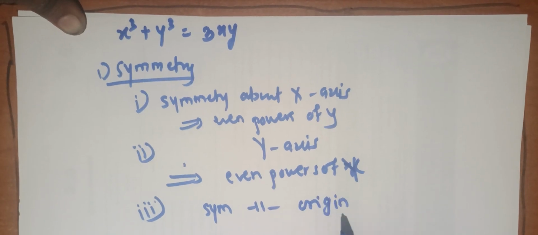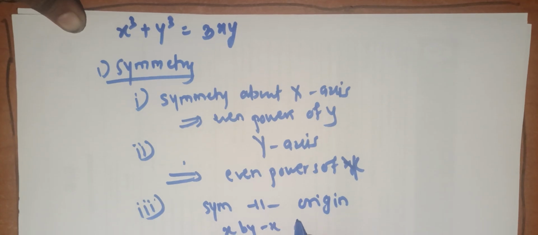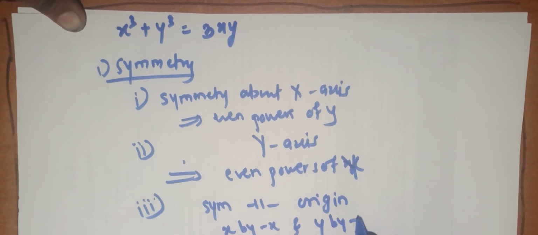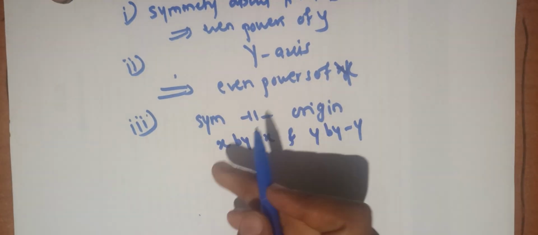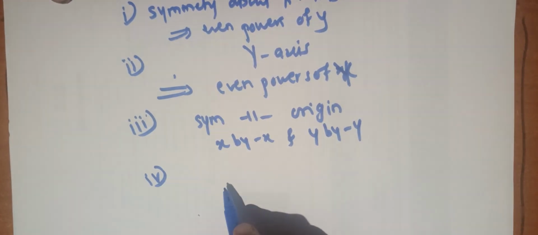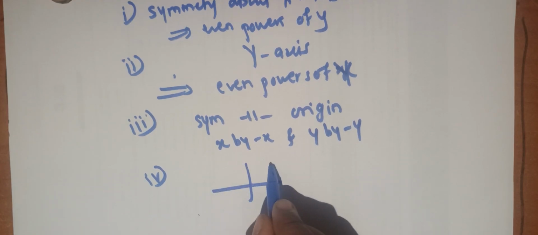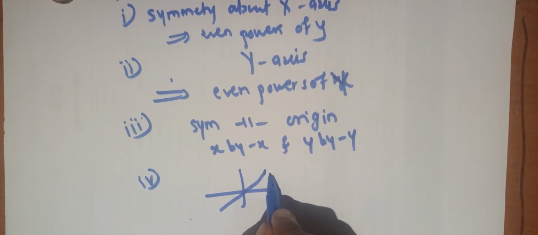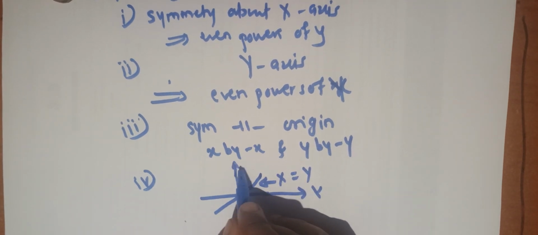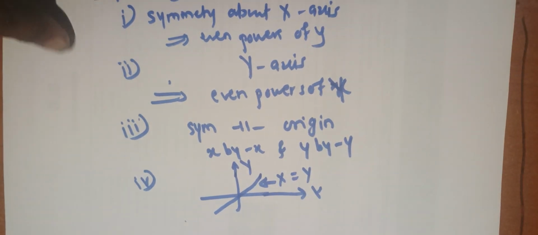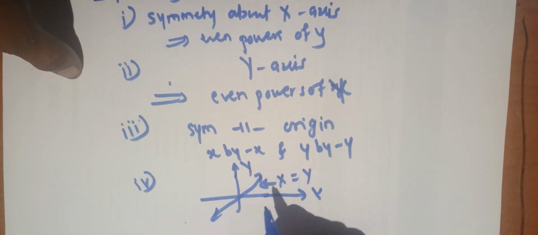When we say symmetry about origin, if we replace x by minus x and y by minus y, then we can say symmetry about origin. And fourth point is symmetry about the line x is equal to y. Suppose this is x axis, this is y axis, and we say symmetry about the line x is equal to y.